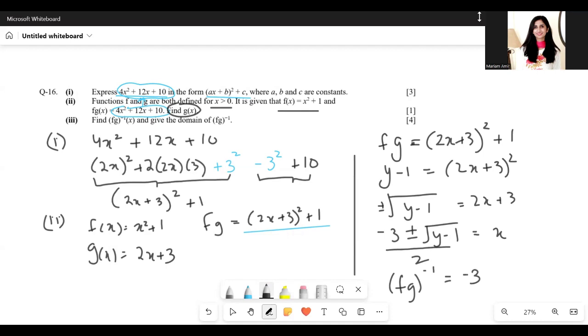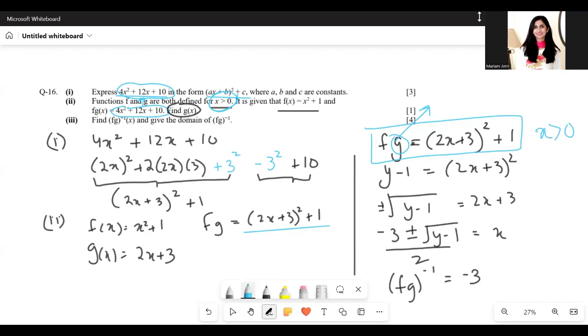Which sign are we going to choose, plus or minus? That depends on the domain of fg. Okay. And what is going to be the domain of fg? The domain of fg will depend on the domain of g. And the domain of g is greater than 0. So the domain of fg is also greater than 0.